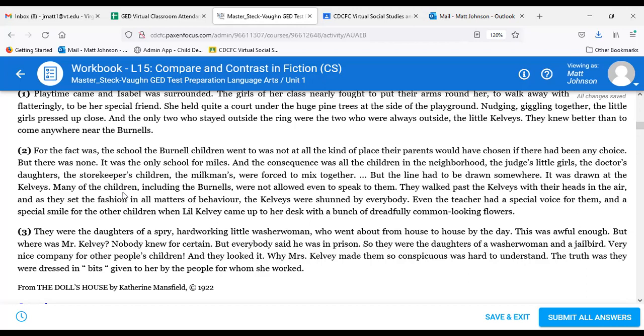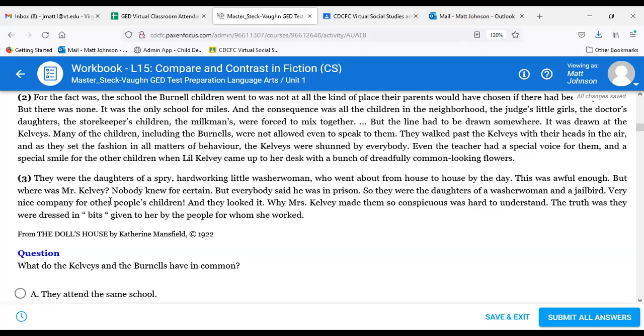They were the daughters of a spry, hard-working little washerwoman who went about from house to house by the day. This was awful enough. But where was Mr. Kelvin? Nobody knew for certain. But everybody said he was in prison.